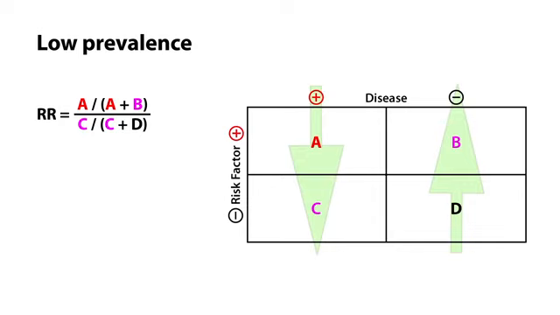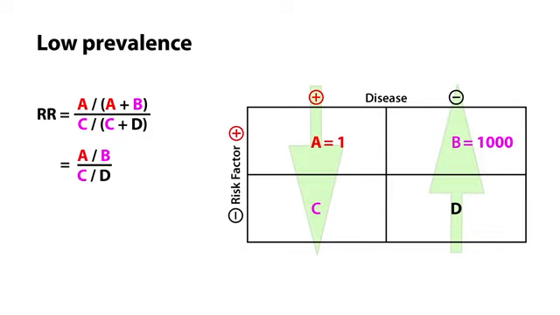So, if A is a tiny number relative to B, then A plus B essentially just becomes B, right? If A is 1 and B is 1,000, there's not much difference between 1 over 1,000 and 1 over 1,001. So when prevalence is low, A over A plus B essentially becomes A over B. And when C is minuscule, C over C plus D becomes C over D. So when prevalence is very low, the relative risk equation becomes A over B divided by C over D. Then look back at the equation for the odds ratio.